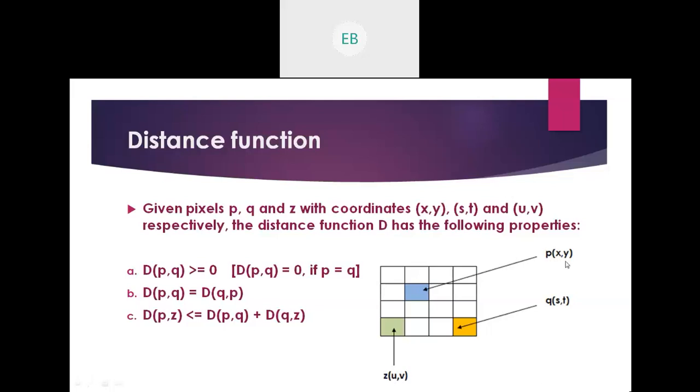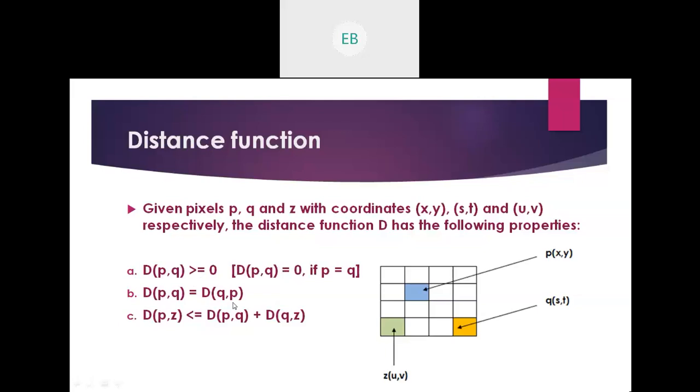Then what is the distance function? Suppose d, the distance function, will have the following properties. The first property mentions that the distance between p and q is greater than or equal to 0, and if p and q are the same, then the distance between p and q will be 0.